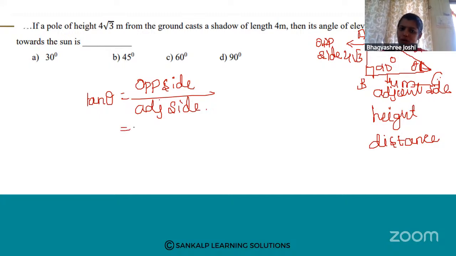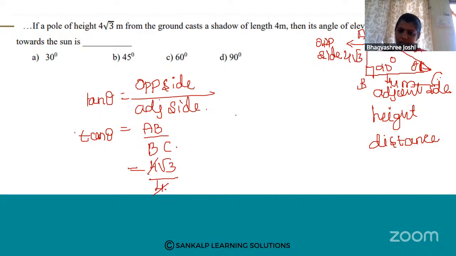Now, what is the opposite side? The opposite side is AB and the adjacent side is BC. Tan theta is equal to AB, which is 4 root 3, divided by BC, which is 4 meter. So 4 and 4 get cancelled.